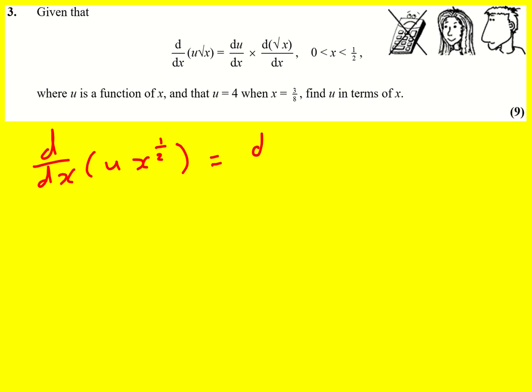So we're going to get du by dx, x to the half, plus u times a half, x to the minus a half.